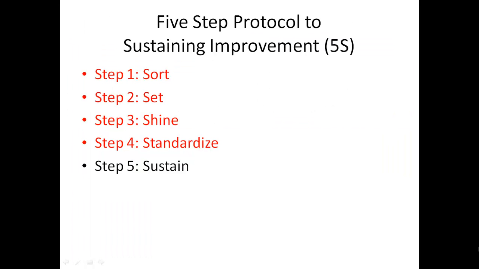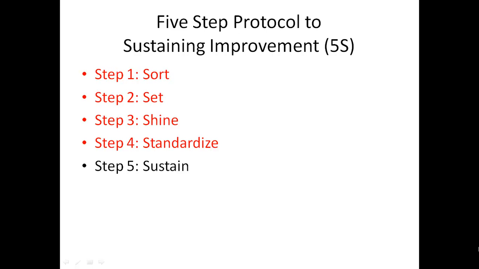So what happens here is that we go through these 5 steps of the 5S, and there's a sorting and setting video, and now this one on shining and standardizing. There'll be one more on sustaining, and then there's also a couple other videos in this series.